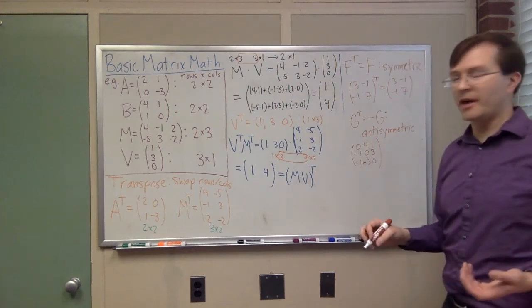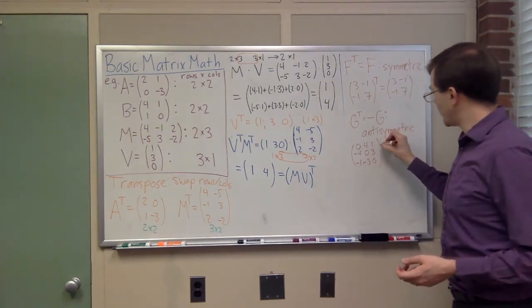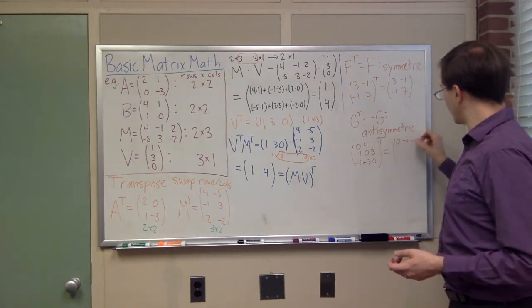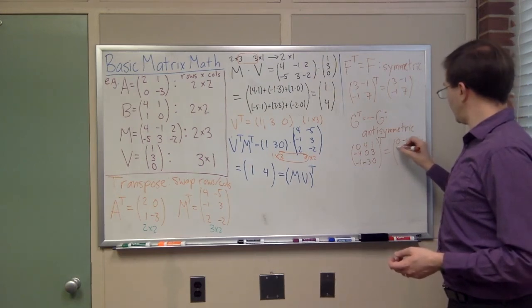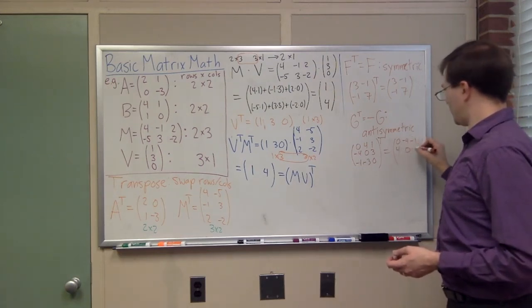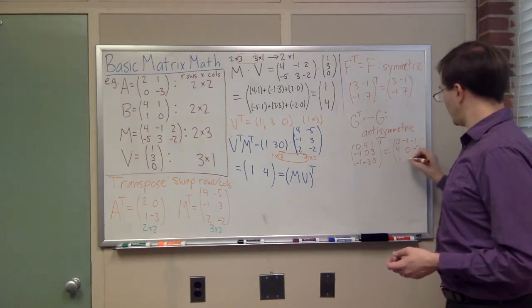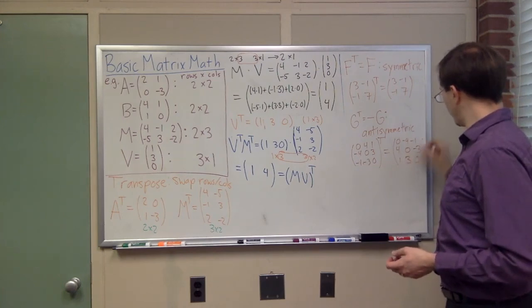This is a 3 by 3 matrix, and you can see its transpose is 0, minus 4, minus 1, 4, 0, minus 3, 1, 3, 0.